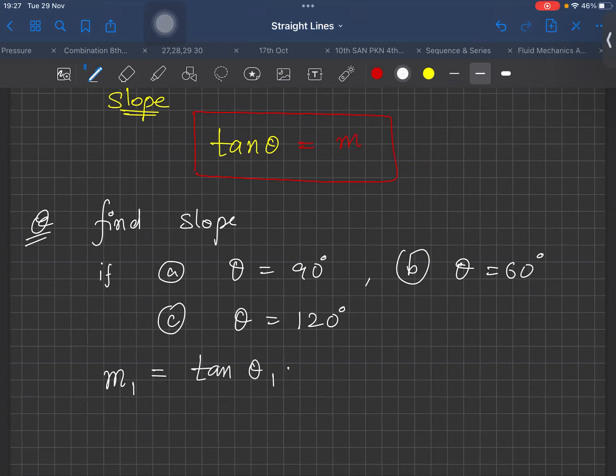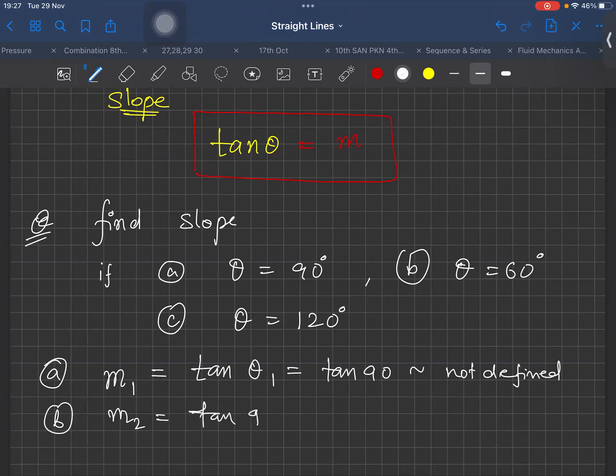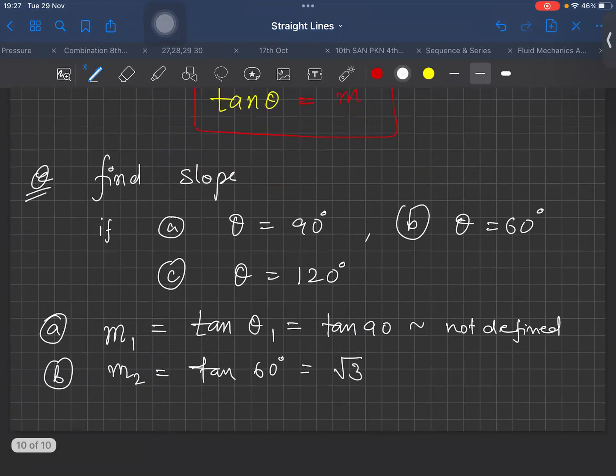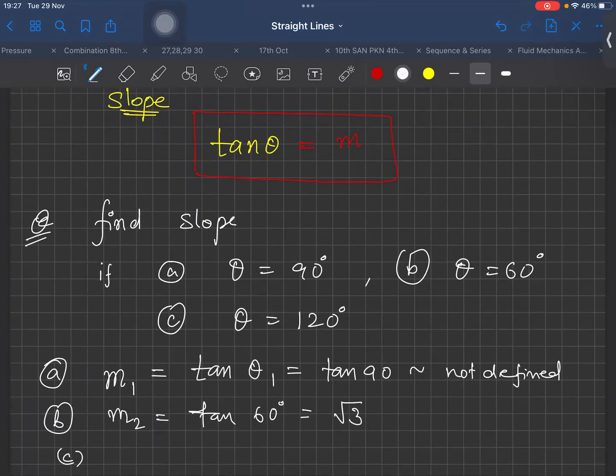For A, tan 90 is not defined. m2: tan 60 is √3.